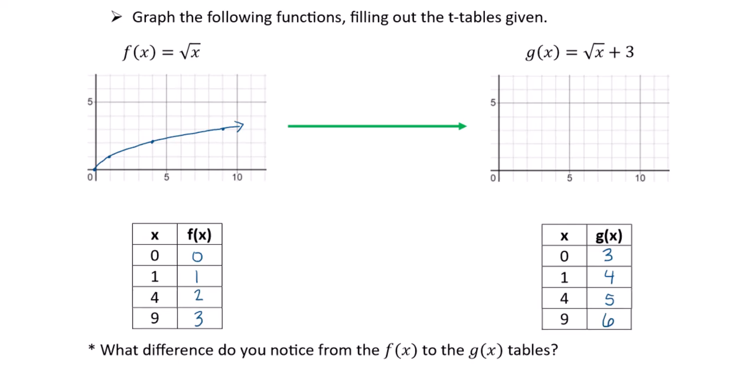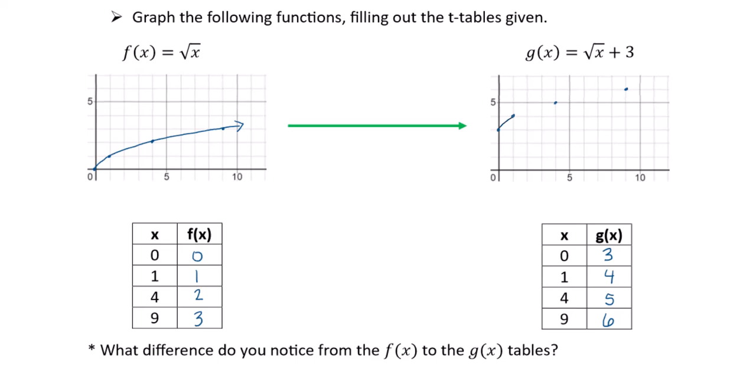You can see that all of the f of x values in the first table, we simply added 3 to those values to get our g of x. 0, 3, 1, 4, 4, 5, and 9, 6.